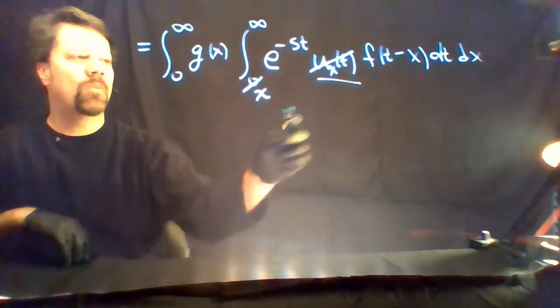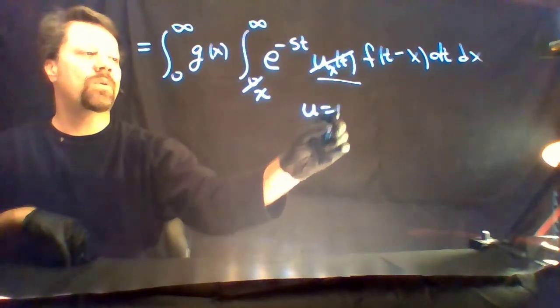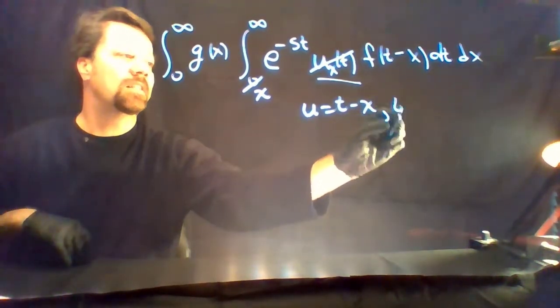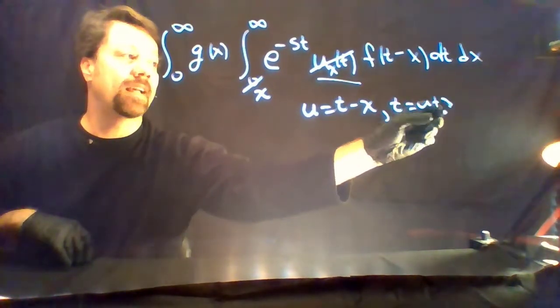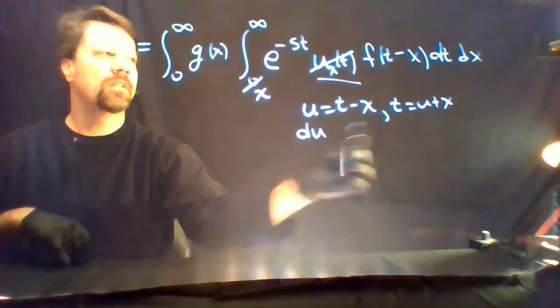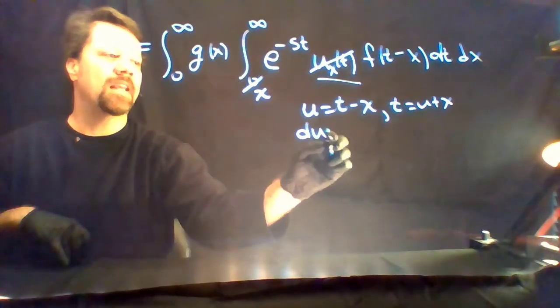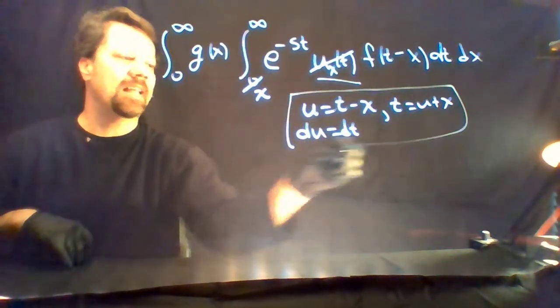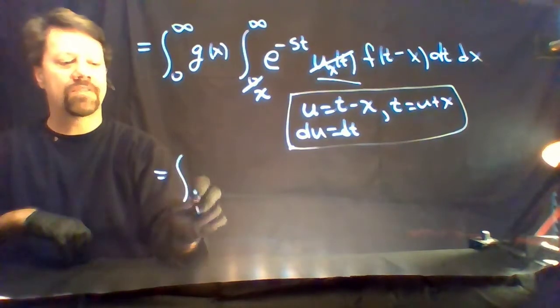Now, we'll make a substitution. We'll set u equal to t minus x, in which case t is u plus x. And also, the integral here is with respect to t, so du will be equal to dt. How does this transform the integral?